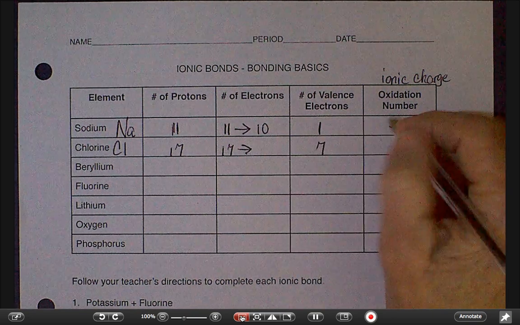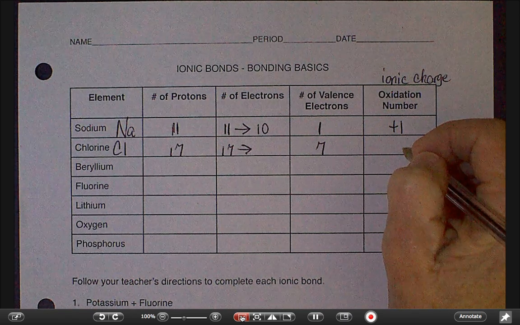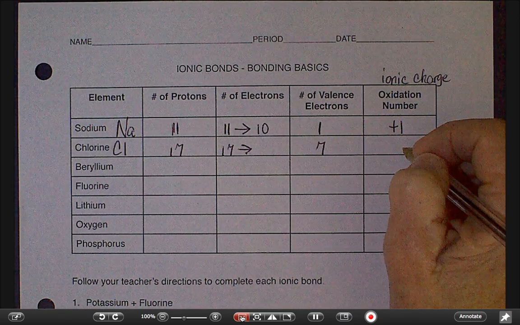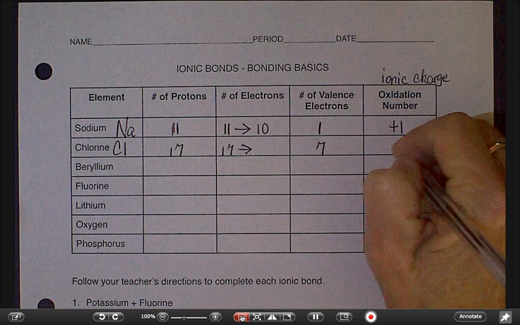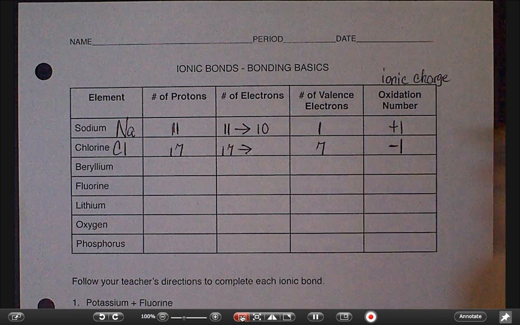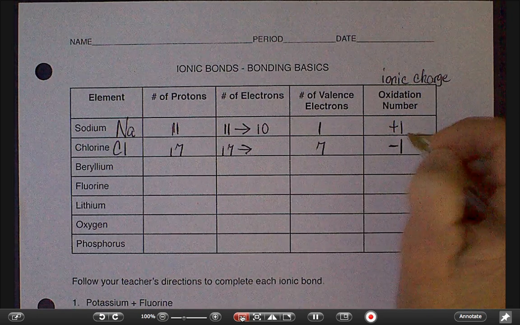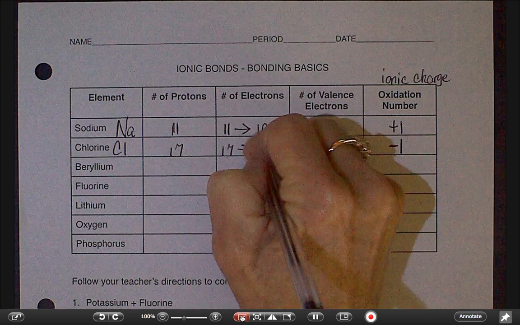How many more does it want? Remember, everybody wants how many in their outer shell? 8. So its ionic charge is what? -1, because it gains or loses? Gains. So 17 goes to what? 18. Very good.